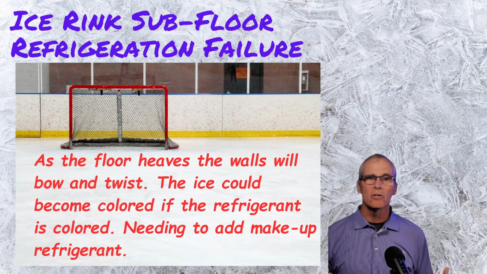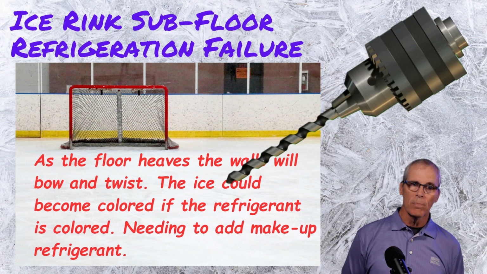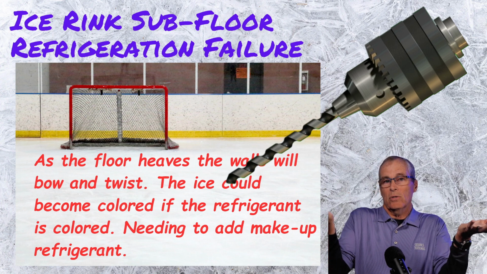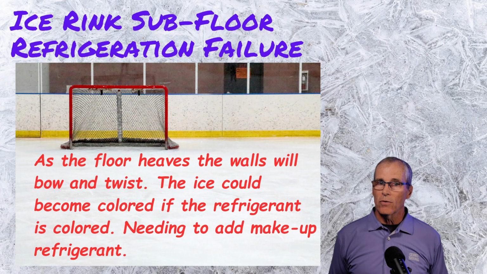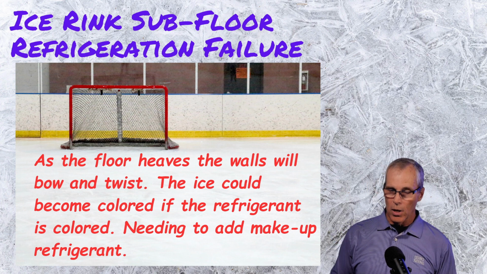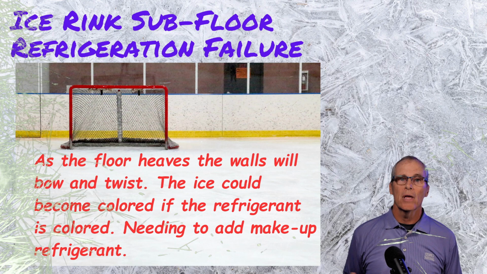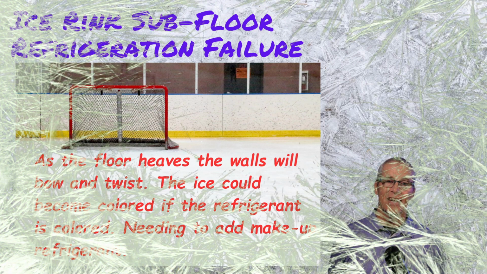And you'll have maintenance crews out there trying to tighten them up and drilling extra holes to try and rebolt them to the floor. All this is going on while the floor is just continuously, slowly rising in various places. The ice itself could turn the color of the refrigerant, and it'll be below the floor surface, so you'll be skating on green ice.